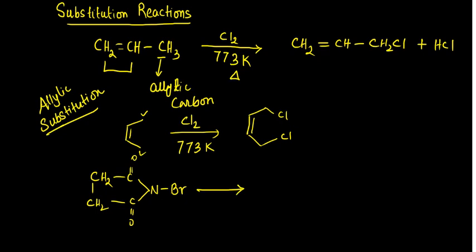This is N-bromosuccinimide. If you add propene to it, then also the allylic carbon of this propene, that is this hydrogen, is going to get substituted by bromine.